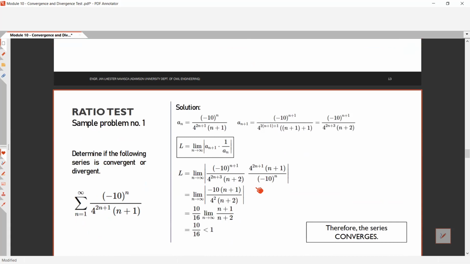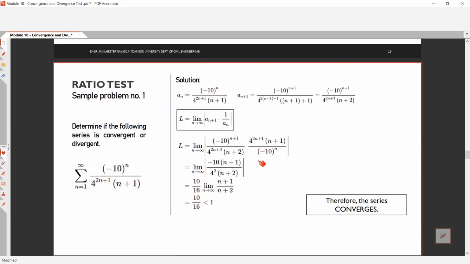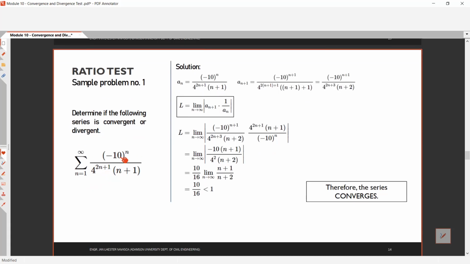Okay, so let's take an example. Using the ratio test, we will determine if the following series is convergent or divergent. Let's say you have the sequence (-10) raised to n over 4 raised to 2n plus 1 multiplied by n plus 1, the summation from n equals 1 to infinity.